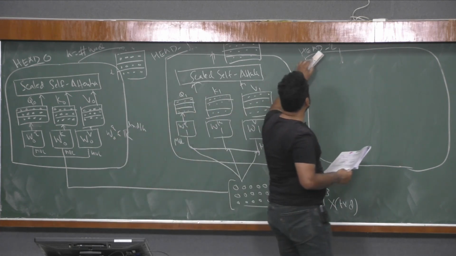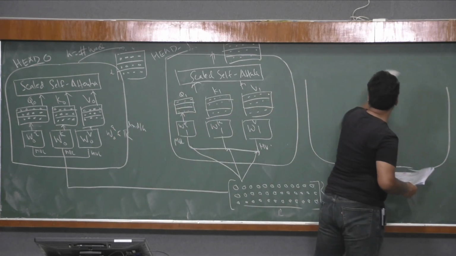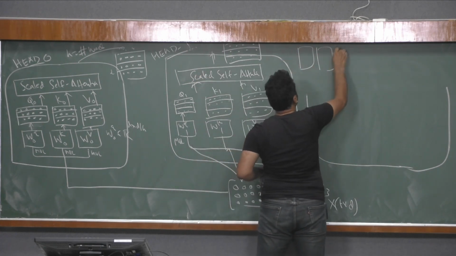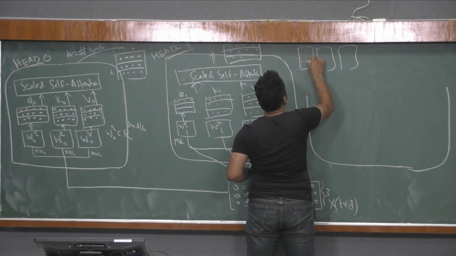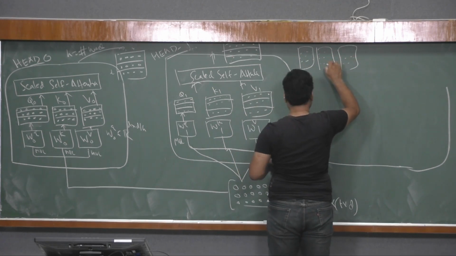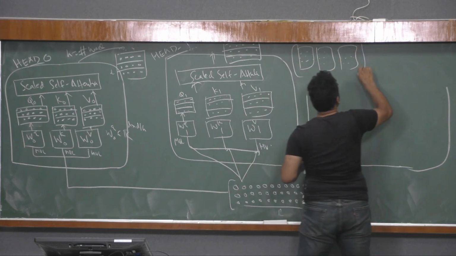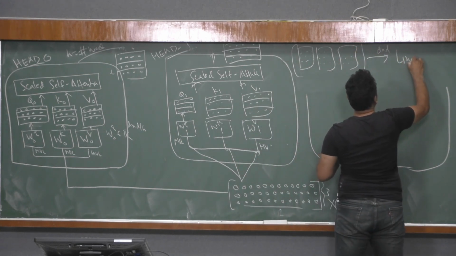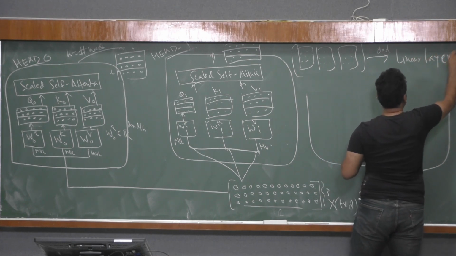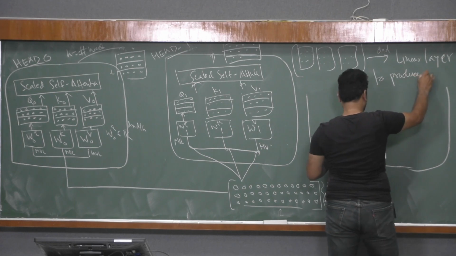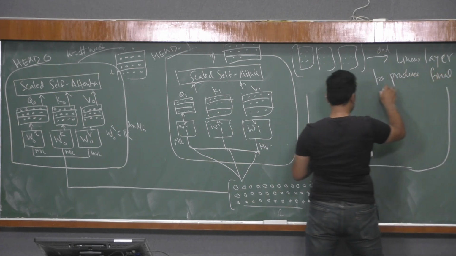So let us say this is our head, and I will use this to show that these 3 outputs can be concatenated like that. Then they are concatenated, and they may further go through some D by D linear layer to produce the final processing.